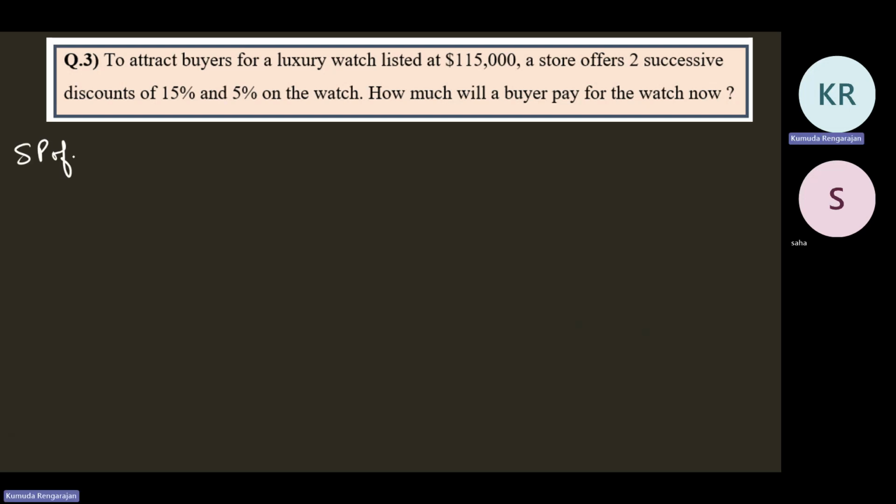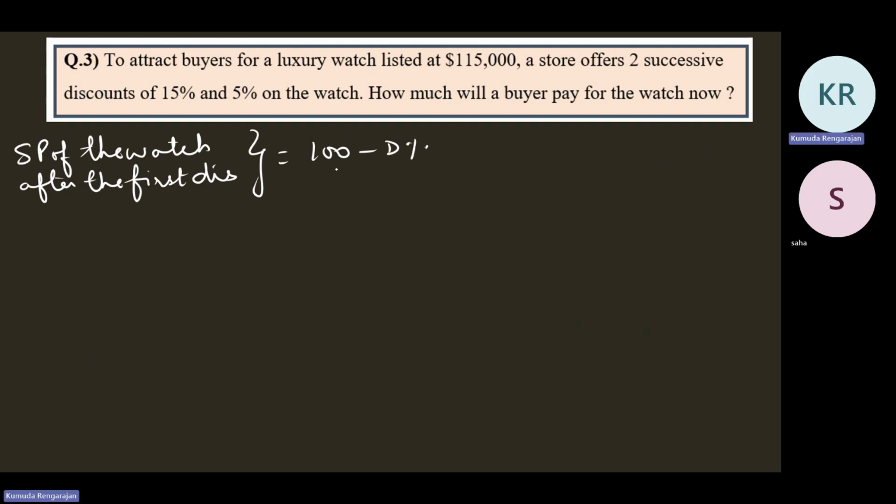So SP of the watch after the first discount will be the same formula, 100 minus D% by 100 into the list price or the marked price. So 100 minus 15 by 100 into the MP.